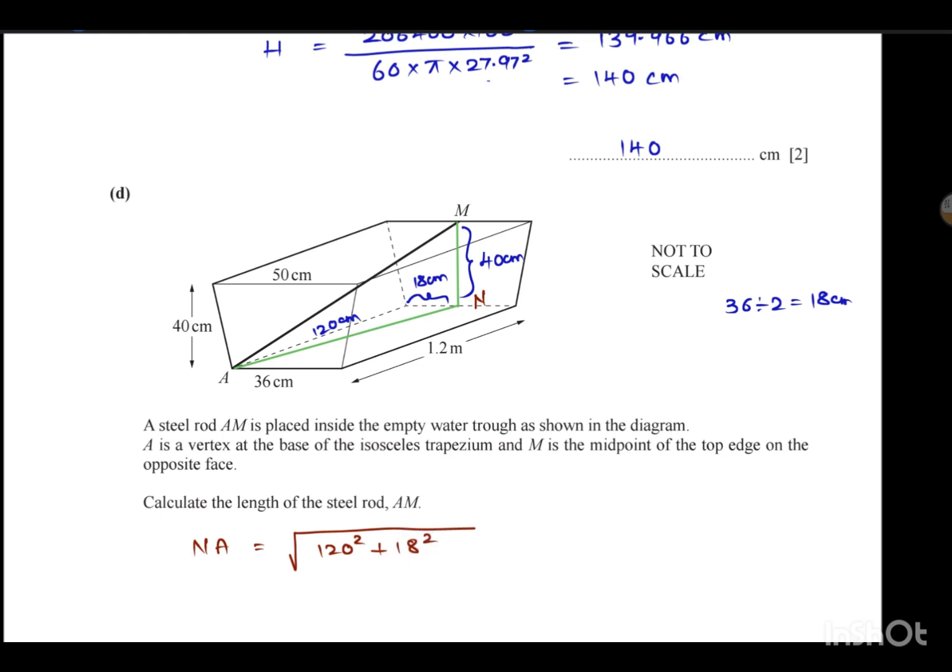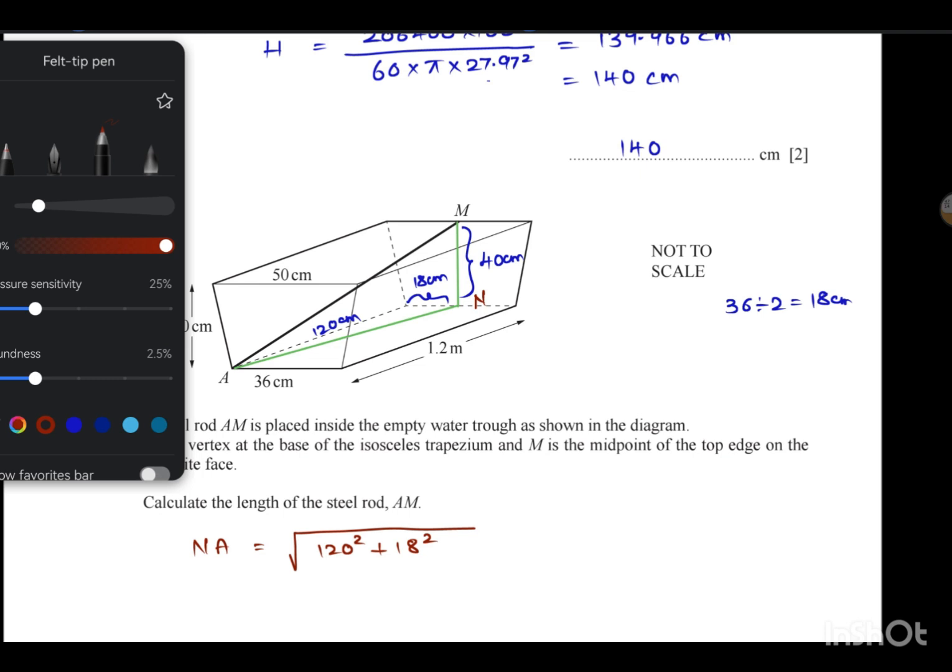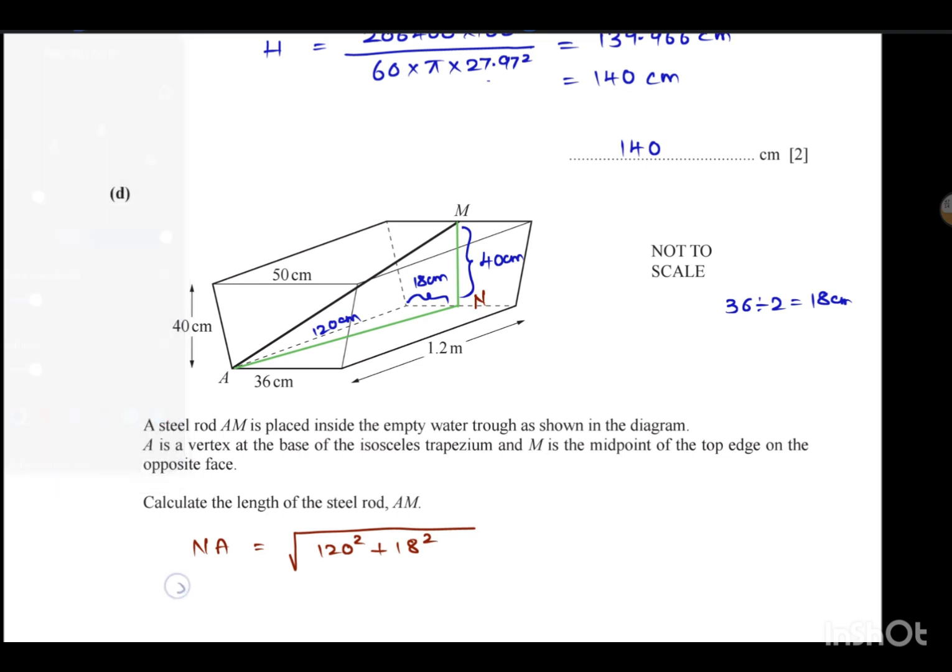Now from triangle AMN, again you have to apply Pythagoras theorem. So AM will be equal to, you have to find the hypotenuse here, AM.